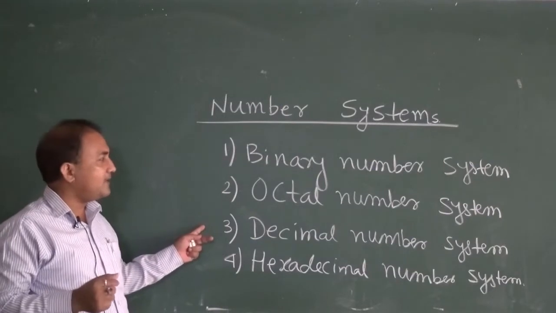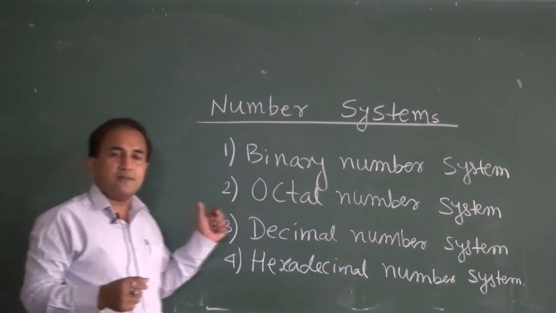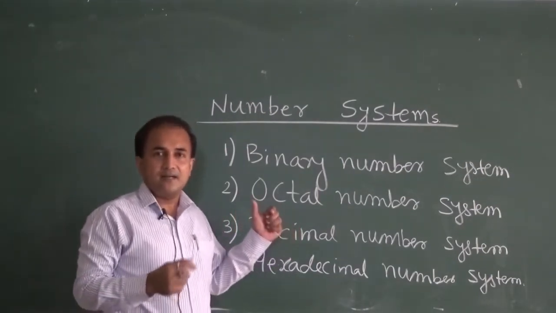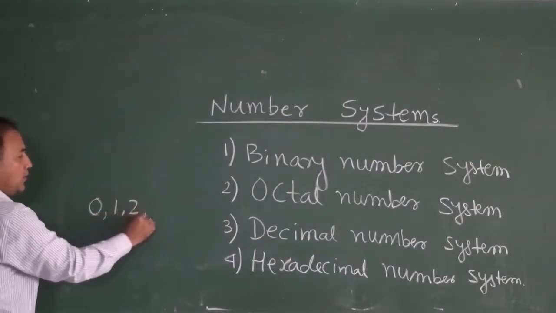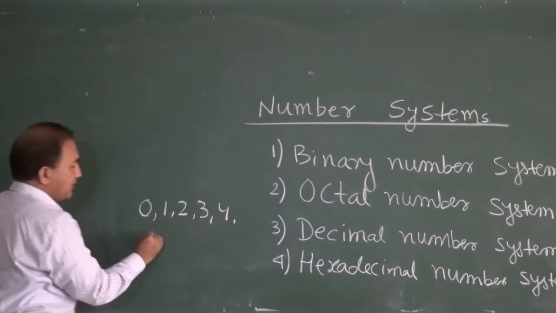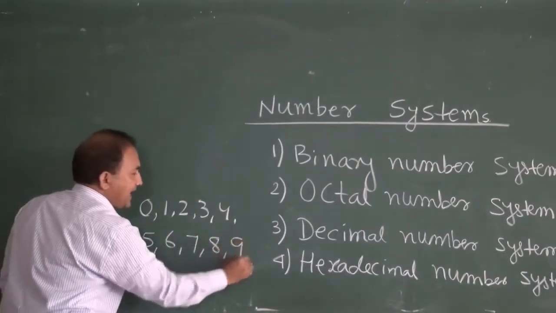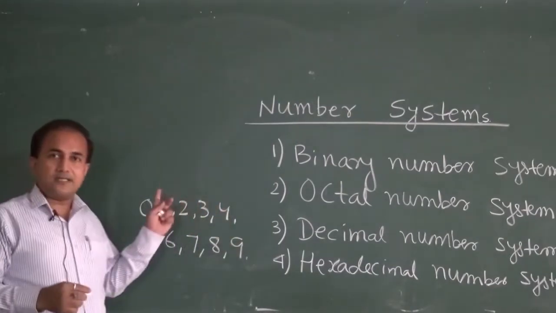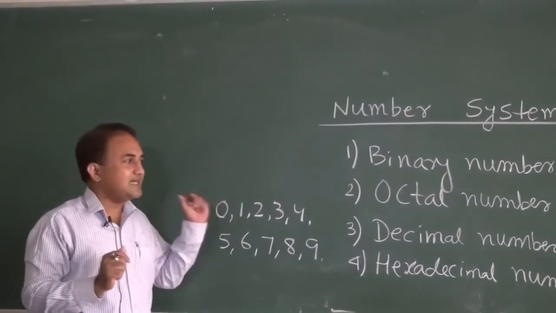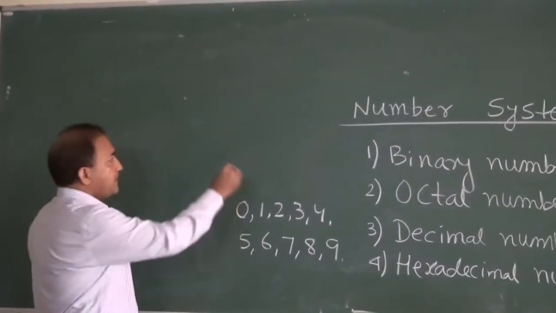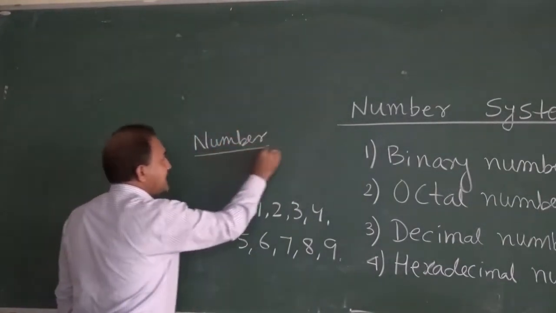You all are familiar with decimal number system. Okay? In decimal number system, the symbols that are used are 0, 1, 2, 3, 4, 5, 6, 7, 8 and 9. So using these symbols you can make any number in decimal number system. How can you represent any number?